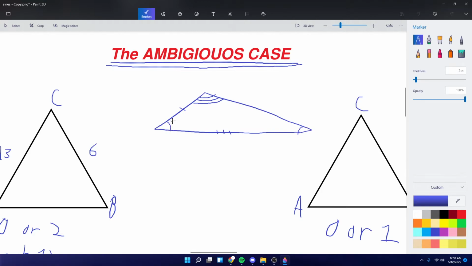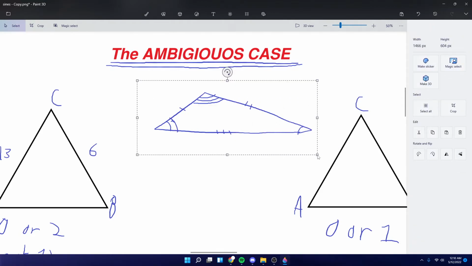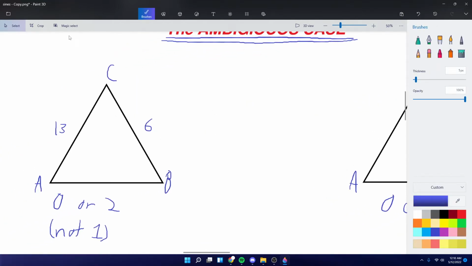A medium size side corresponds with a medium size angle. Basically, small angles, small sides, big angles, big sides. That's important because based off that, we know that because B corresponds to a bigger side, that must mean that angle B is greater than angle A.